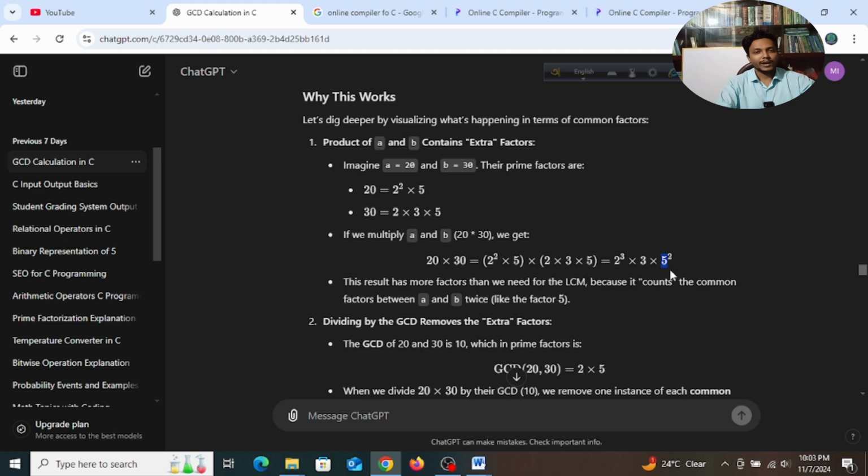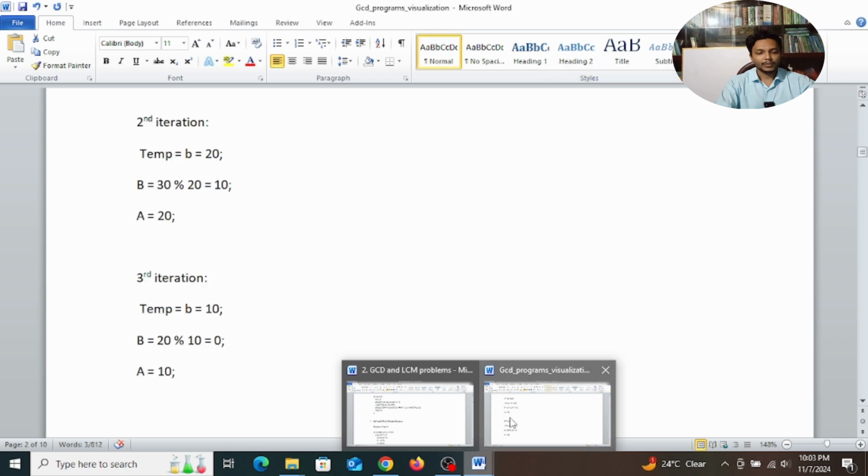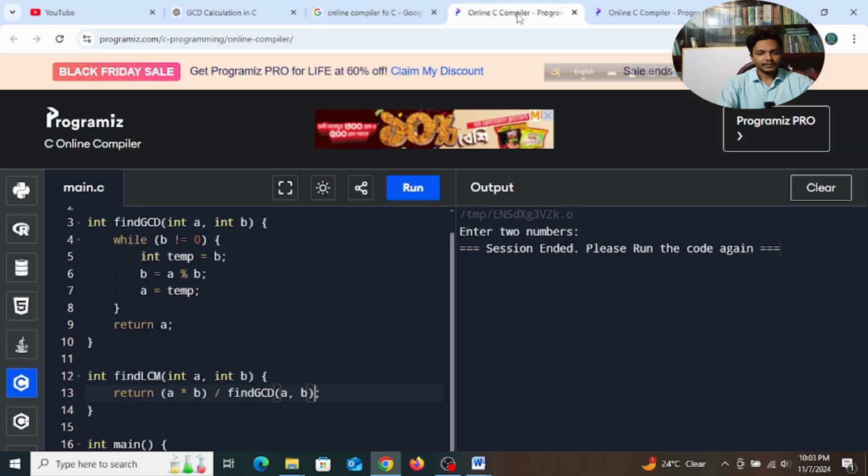So if we multiply 2 and 5, we get 10. So if you divide the whole result by this 10, then we can get the LCM, right? Lowest common multiple.